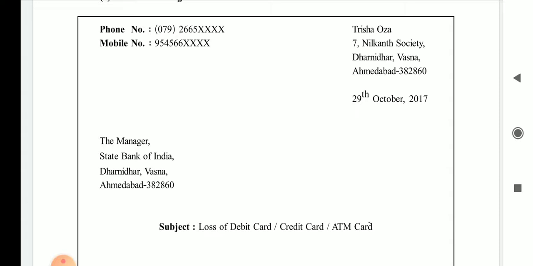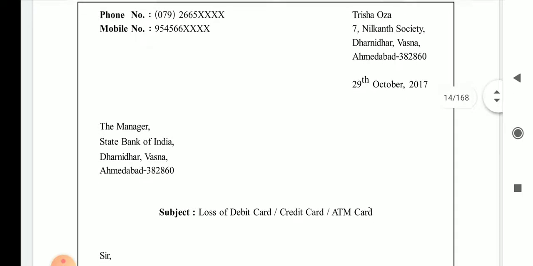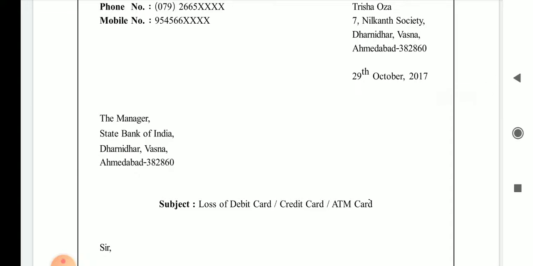The receiver of the letter is the Manager, State Bank of India, Dharanidhar Vasana. Friends, you have to remove the comma behind the name of the bank, as it is the name of an entity. That's why you have to remove the comma.